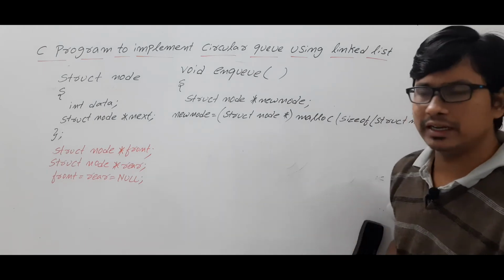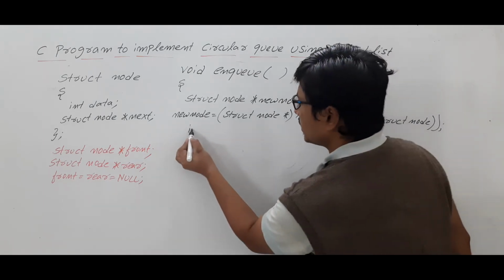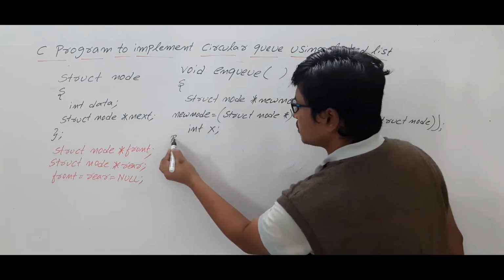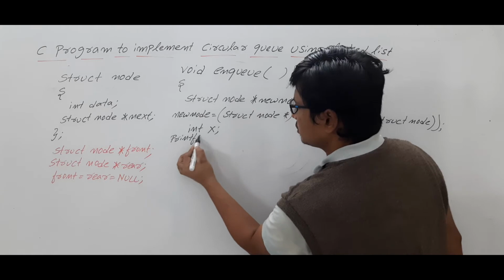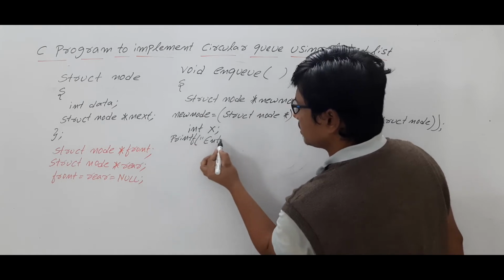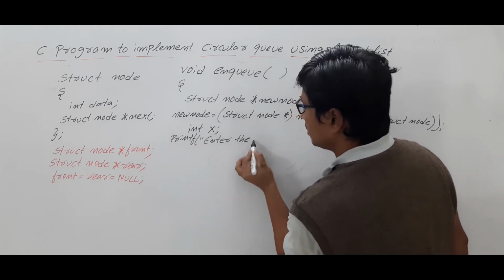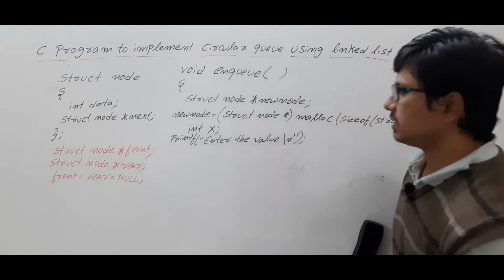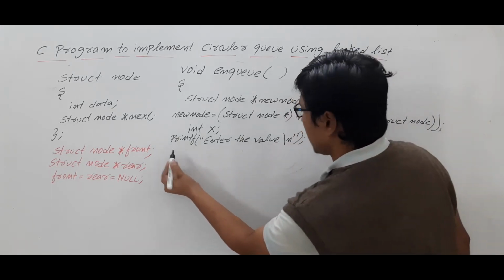Once it is dynamically allocated, we need to create a variable called x and ask the user to enter the data. So printf enter the data or enter the value. Once the user has entered the value, you need to scan it.